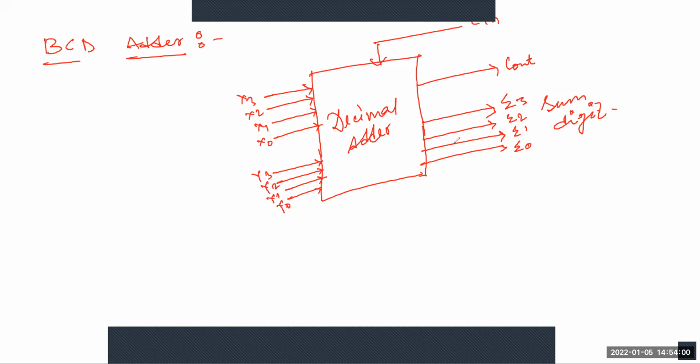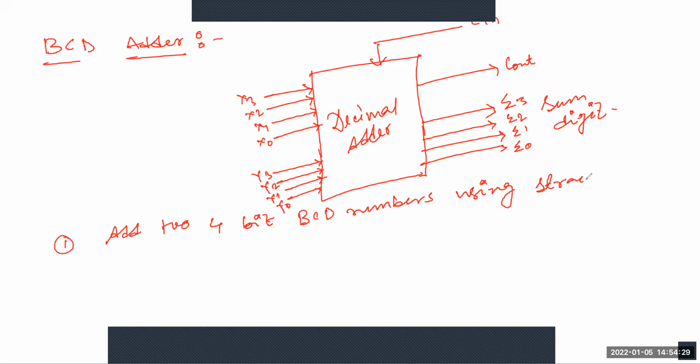Now the BCD adder circuit must be able to do some points. What are the points? First, add two 4-bit BCD numbers using rate binary addition.